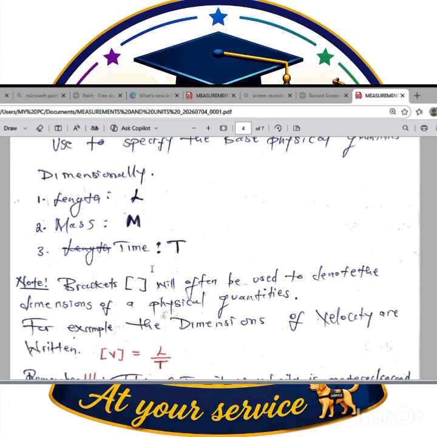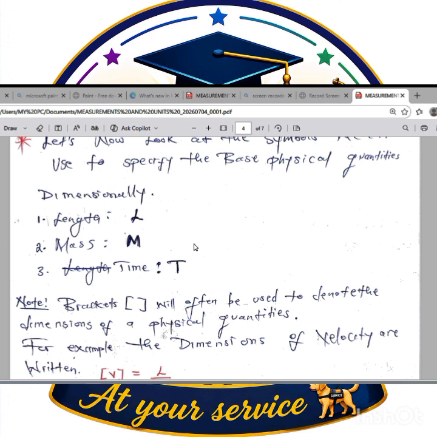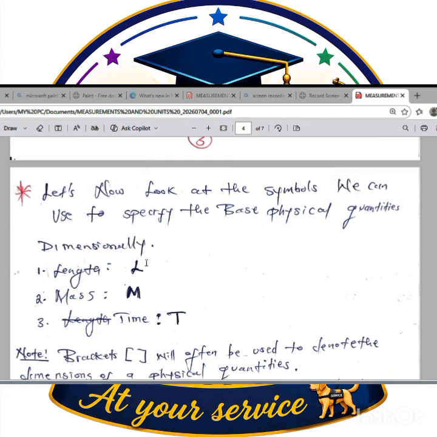For example, for the dimensions of length, we use the capital letter L. For the dimensions of mass, we use capital M. For the dimensions of time, we use capital T. You can ask, why haven't we used other physical quantities such as acceleration? Those are derived quantities, and they all come from these three basic quantities.